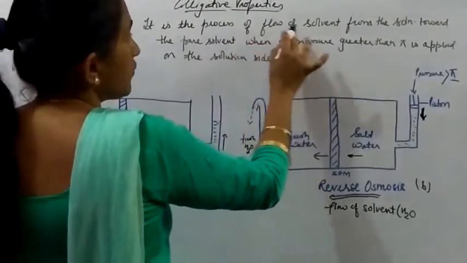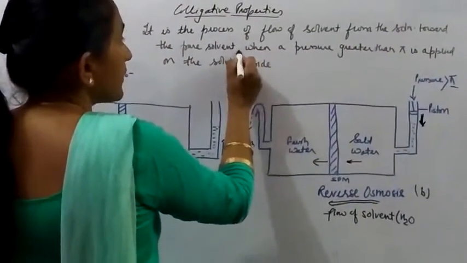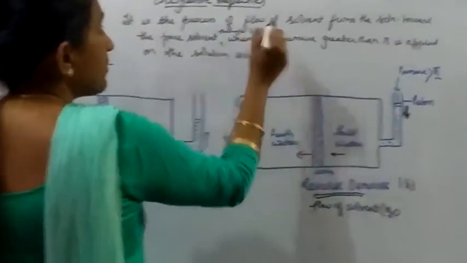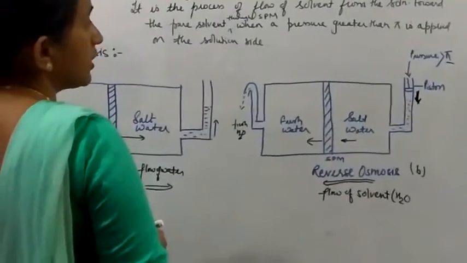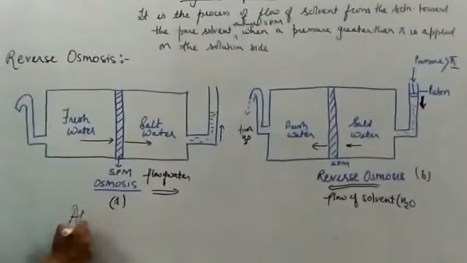So it is a process of flow of solvent from the solution toward the pure solvent, adding here, through the SPM, that is the semi-permeable membrane, when a pressure greater than the osmotic pressure is applied on the solution side. Now what is the application of it?